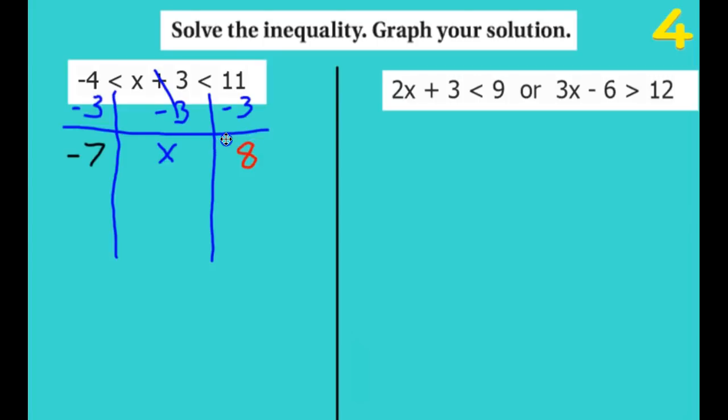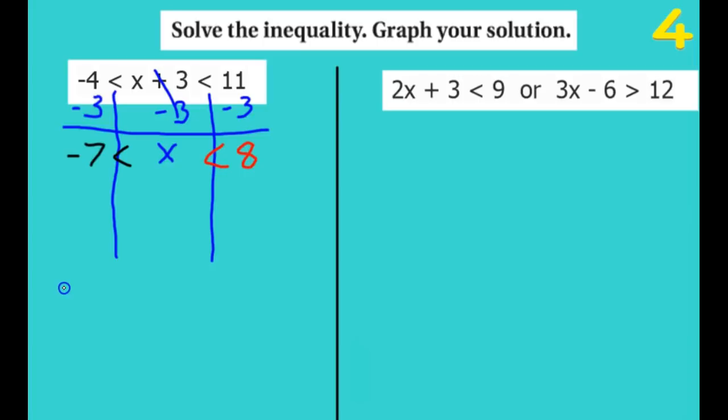So now we keep our symbols. So now we have -7 is less than x, which is less than 8.